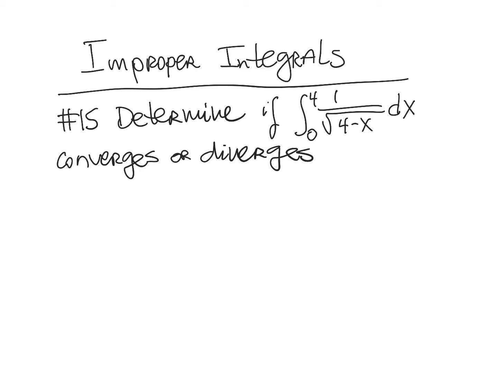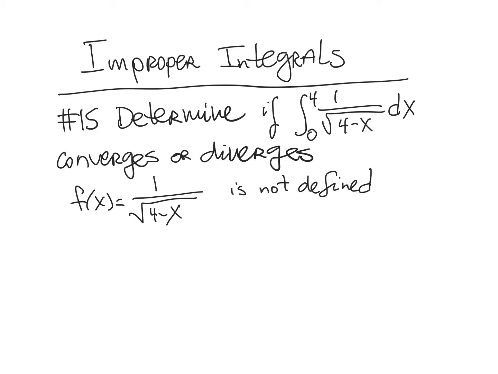The function f of x equals 1 divided by square root of 4 minus x is undefined at 4, which is the upper limit of integration. As x approaches 4 from the left side, this function becomes unbounded, as we'll see later in its graph, and that's what makes this an improper integral.